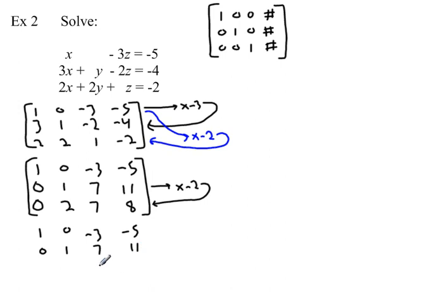Let's get a new third row. So 0 times 0 is 0, plus 0, that stays as is. 1 times negative 2 is negative 2, plus 2 is 0. 7 times negative 2 is negative 14, plus 7. And 11 times negative 2 is negative 22, plus 8 is, what is that, negative 14.